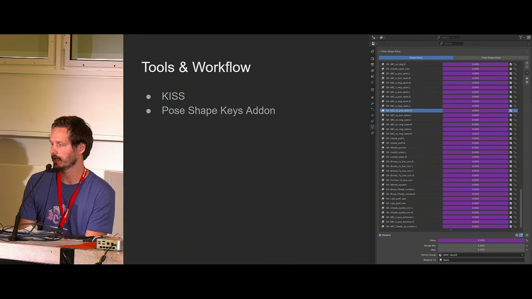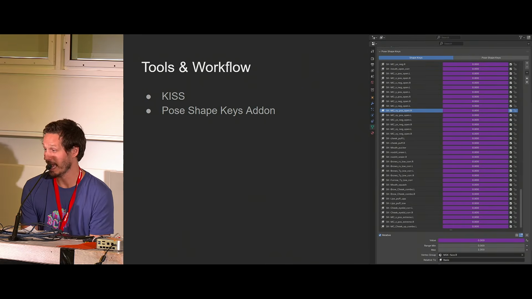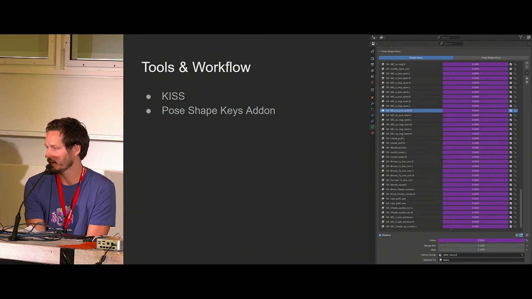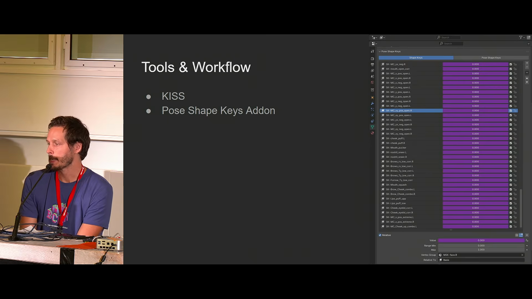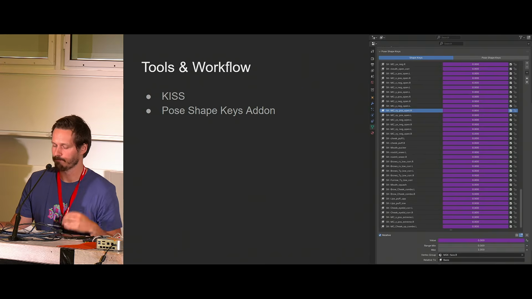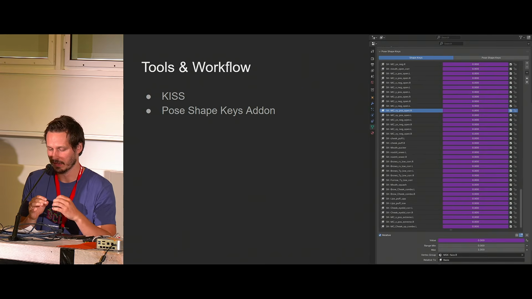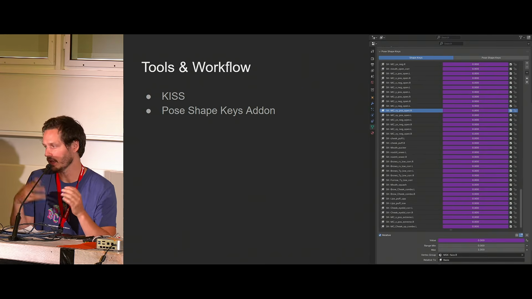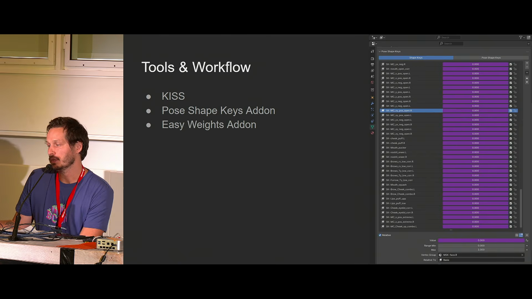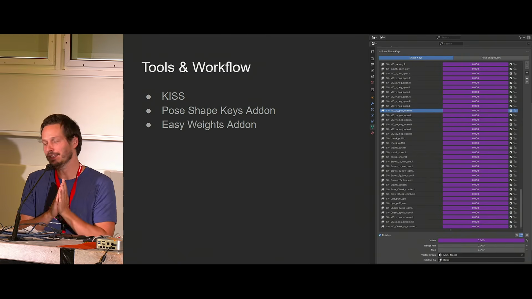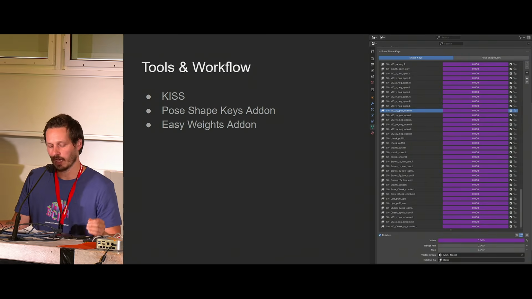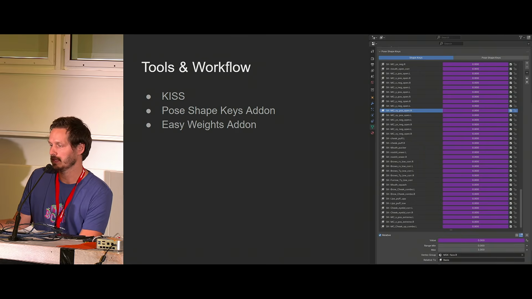One add-on that I use heavily, which I'm very happy and excited to show you guys, is the Pose Shape Keys add-on made by Demeter. This is an add-on where you start with making an action. I can show you in a bit. Let me not talk about it. The Easy Weights add-on, also made by Demeter. Thank you, Demeter. You're amazing. Just quality of life improvements on weight painting.